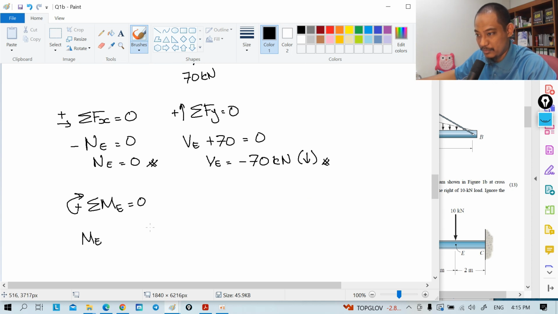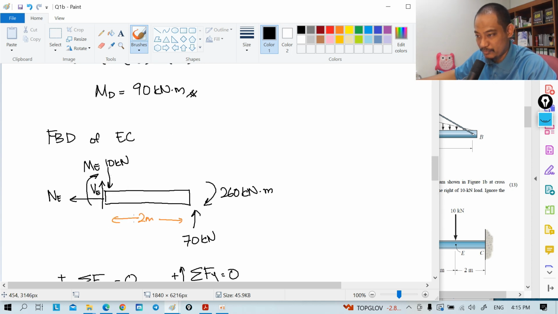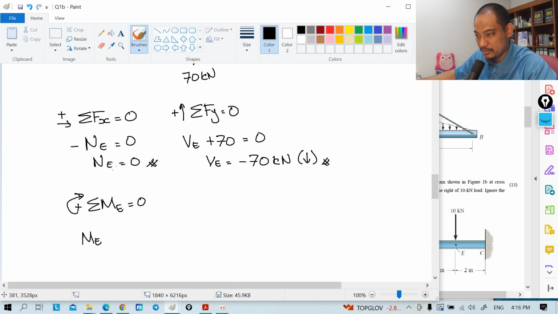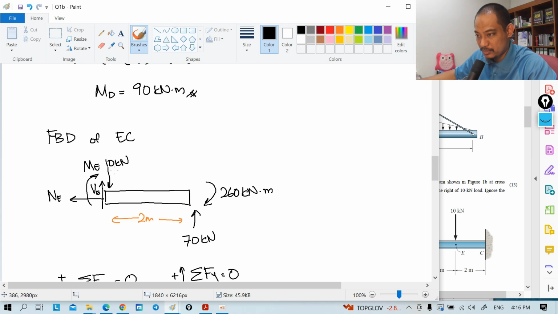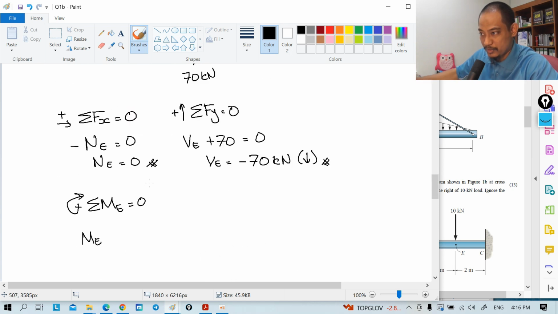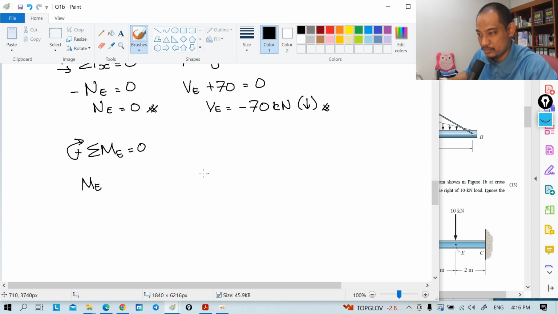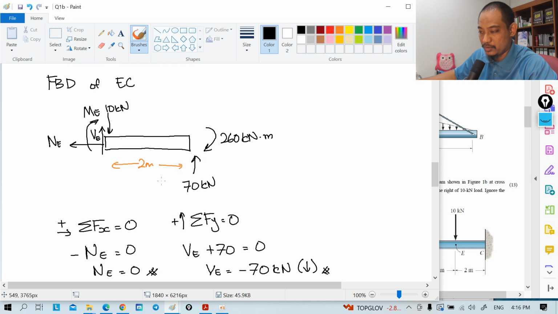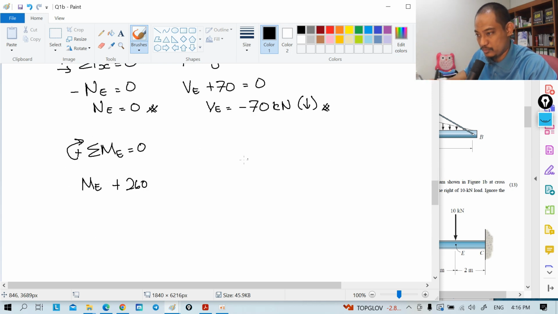Okay, I'm running out of time. I'll do the moment first. So it's moment about point E. This is 10. Okay, ME. 10 is not having a distance, but then you have plus 260, and then minus 70 times 2 equal to 0.